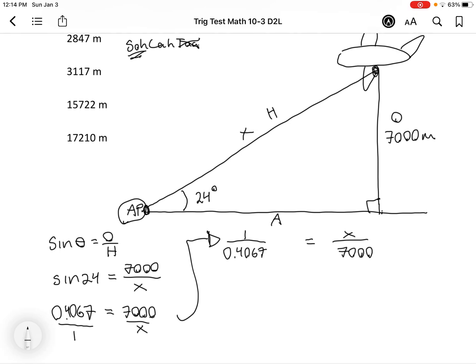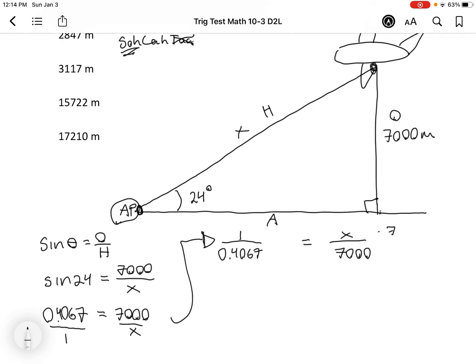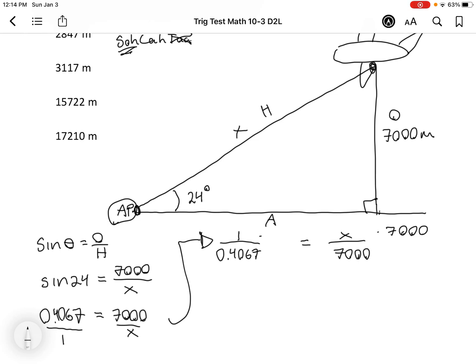There we go. Okay, and then this is fairly easily solvable because all we're doing to x is dividing it by 7,000. So to undo that, we multiply by 7,000. Okay, so those cancel, and we get x is 1 divided by 0.4067 times 7,000.